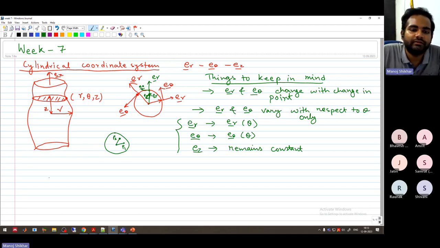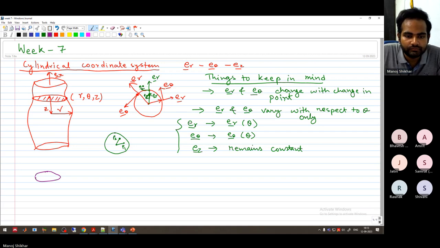Now, how do we take the element of a cylindrical system? Suppose this is our cylinder. I'm drawing a general cylinder, that's why the radius is not the same along all directions. If you take a small element, it will look something like this.